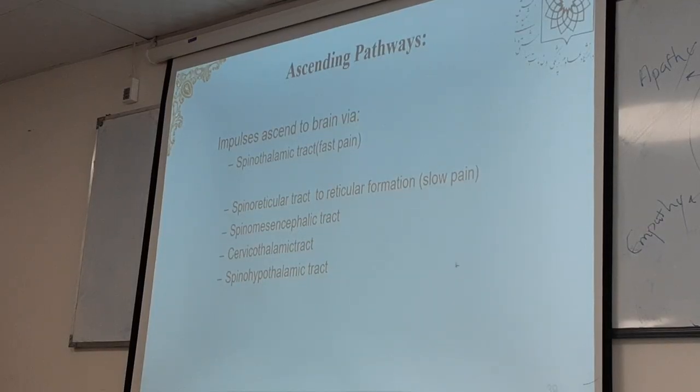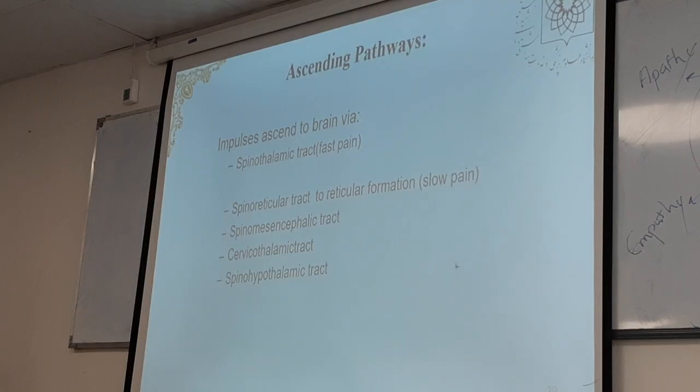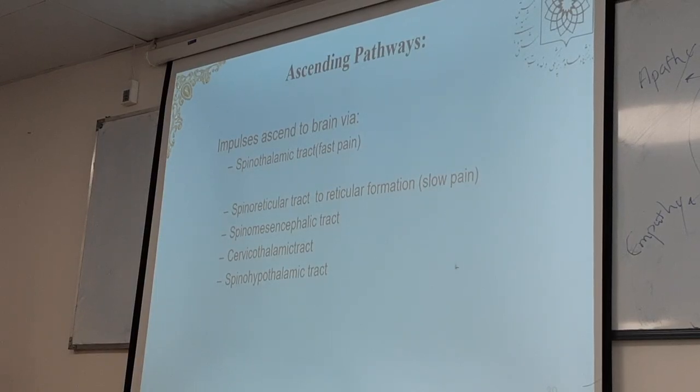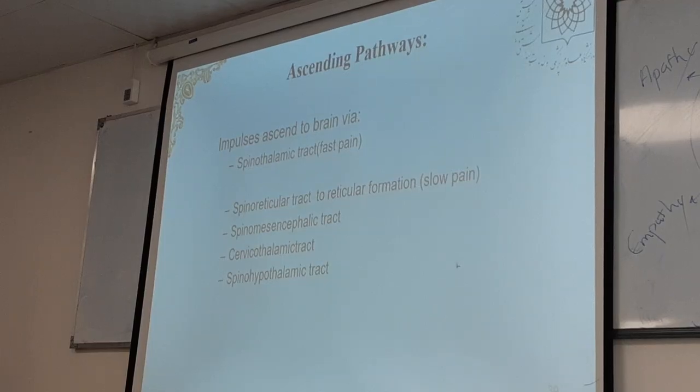The reticular formation is responsible for the cycle of sleep and wakefulness. Every time the reticular formation is activated, we are not able to sleep. And this is the balance between activatory and inhibitory factors.